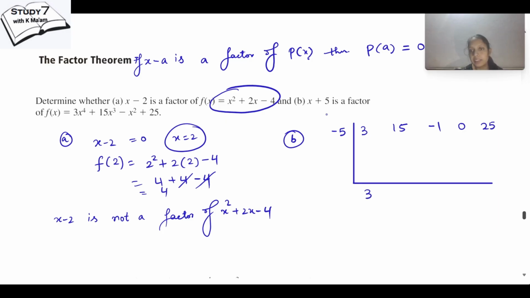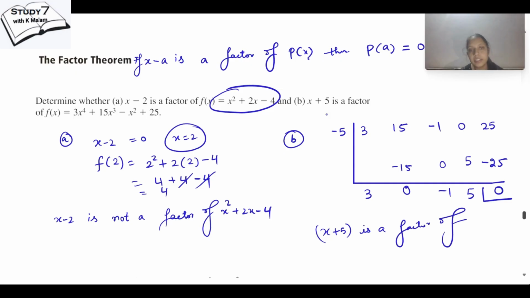The 3 comes down as it is. 5 threes are negative 15. 0 into negative 5 is 0. Negative 1 into negative 5 is positive 5, 5 comes down. 5 fives are 5 into negative 5, negative 20. You can see the remainder is 0. So yes, x plus 5 is a factor of this given f(x).